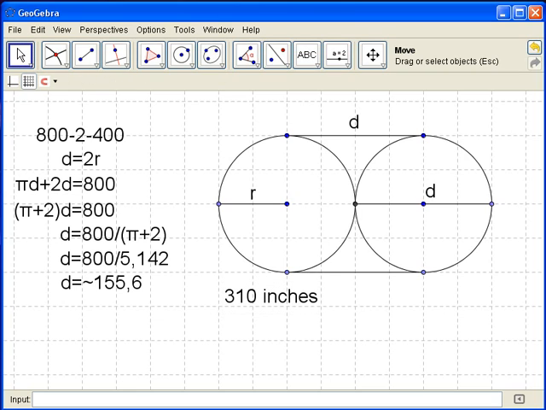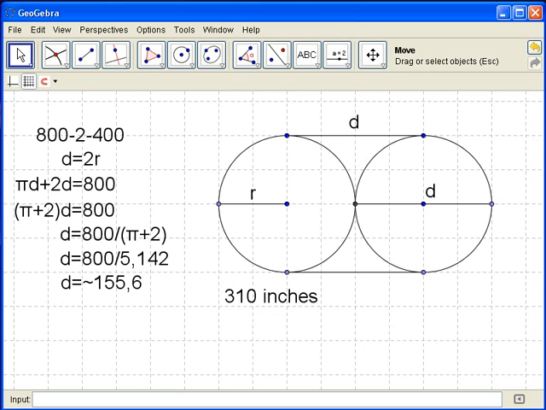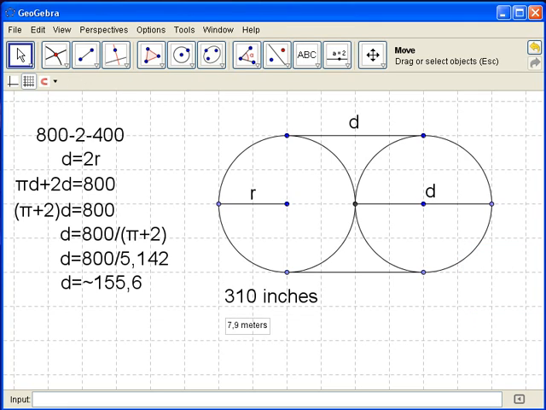Okay, that converted to the metric system is roughly 7.9 meters. I looked up a geometry and math program, and I downloaded this specifically for this weirdness.